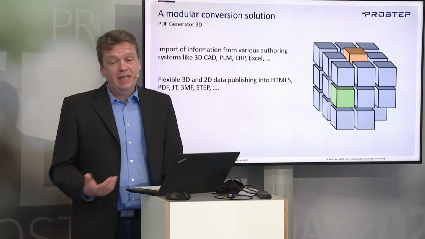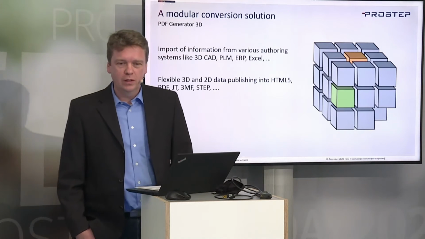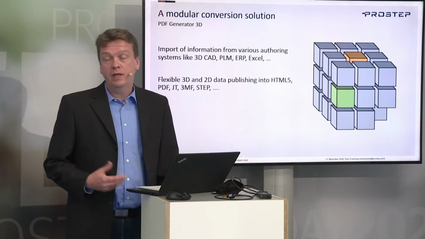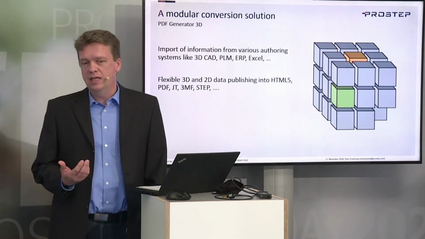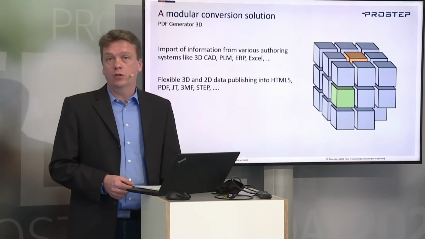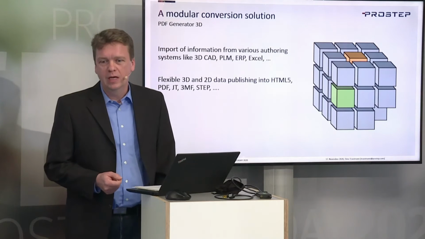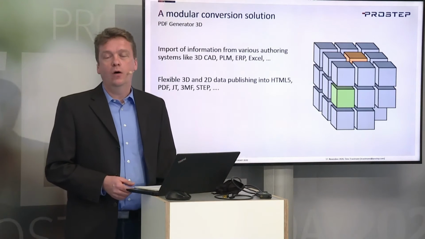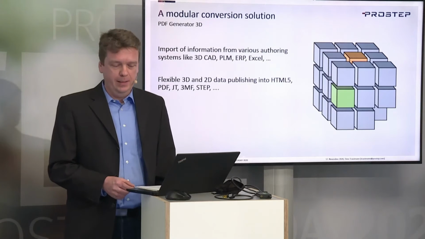On the other hand, we've got our publishing tools, our output functions. We've got a 3D output function: PDF, HTML, VLMF, printing processes, STEP or JT, but we also have the possibility to generate 2D images. That means if you still want to support a printing process today, then we are able to generate high-resolution 2D views from your 3D models.